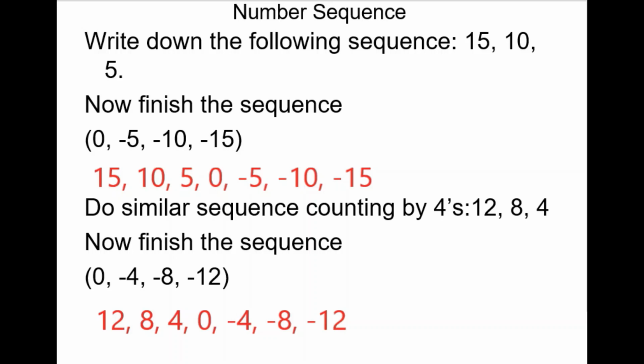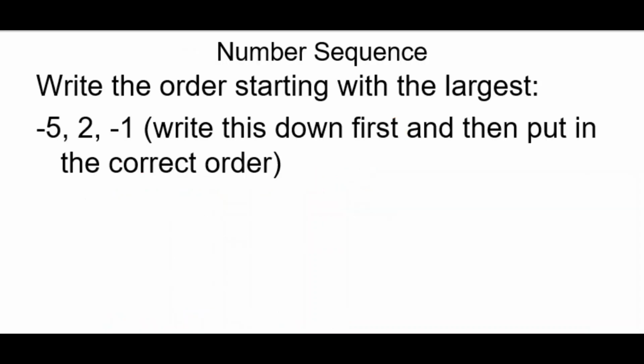Okay, let's do another example on our own without me showing you the sequence in its entirety. So let's take a look at this one here. Again, it says, write the order starting with the largest. So we've got -5, 2, and -1.